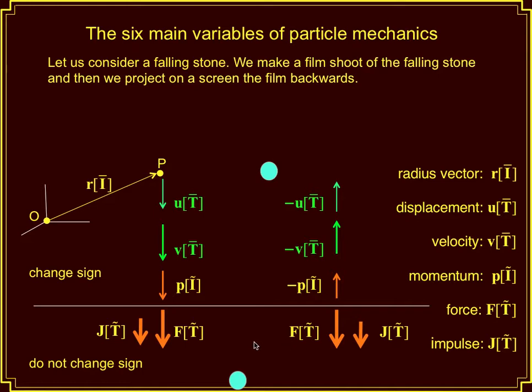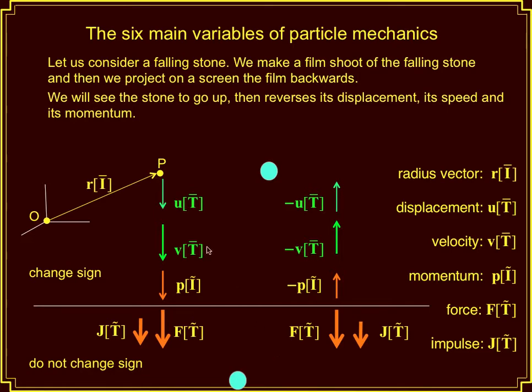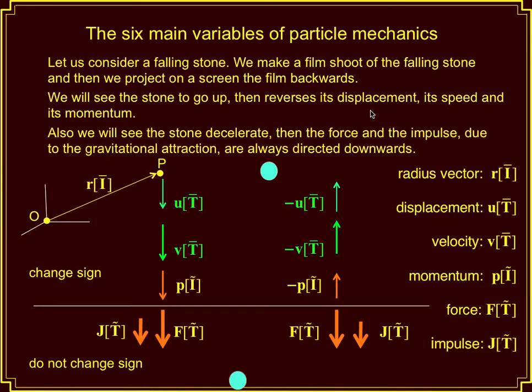And this is an important fact that must be memorized. We will see the stone go up, which reverses displacement, speed and momentum. On the contrary, when the stone decelerates, then the force and the impulse, due to the gravitational attraction, are always directed downwards.